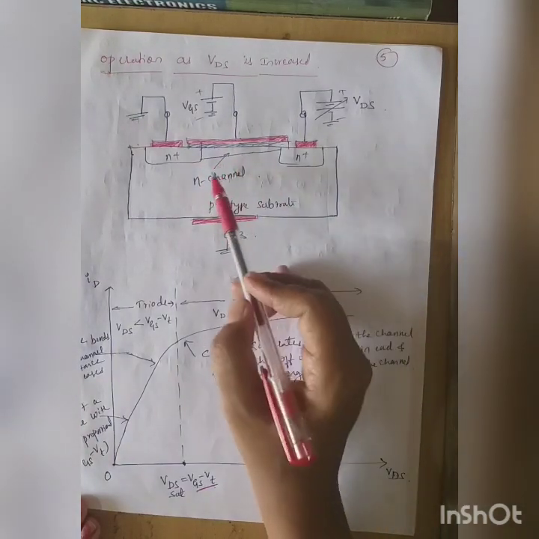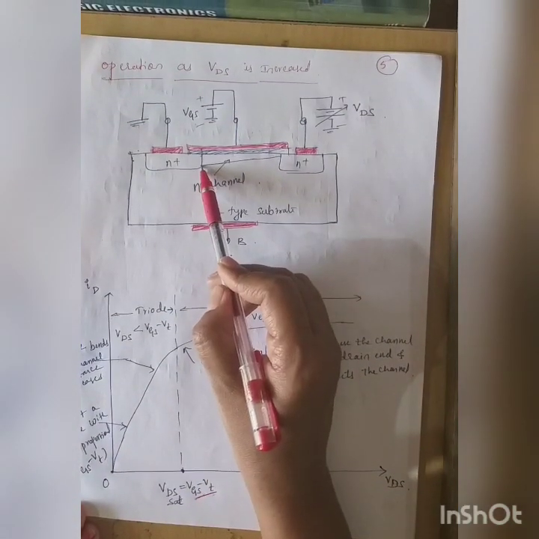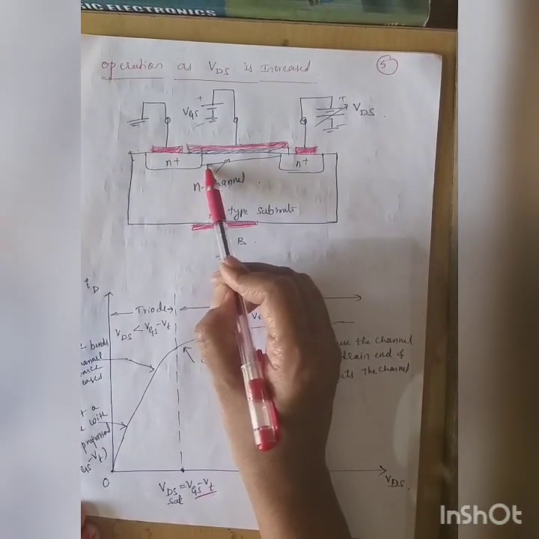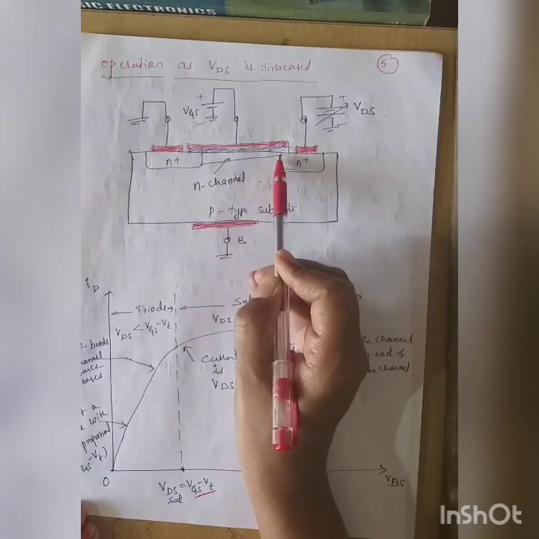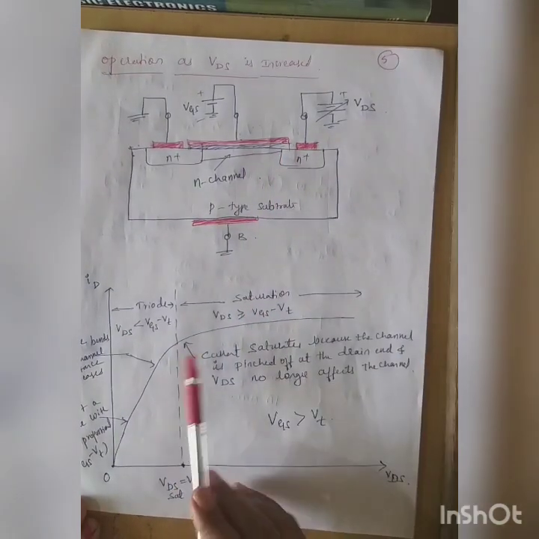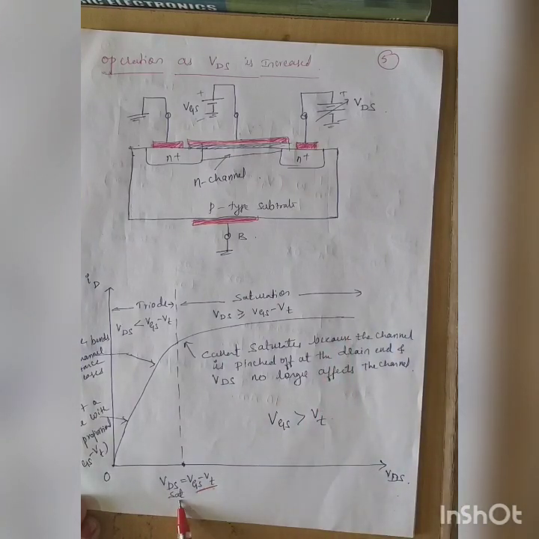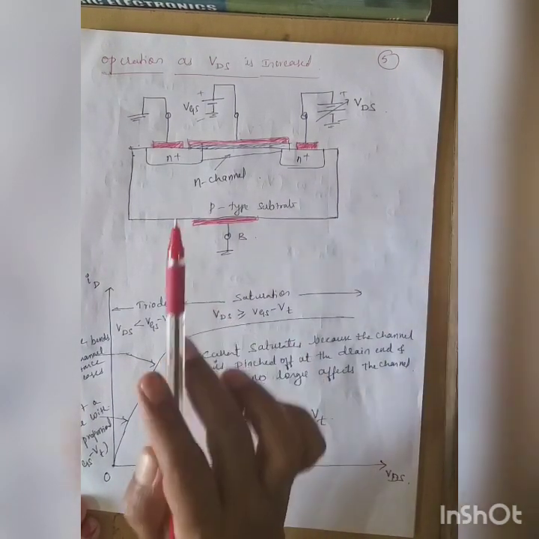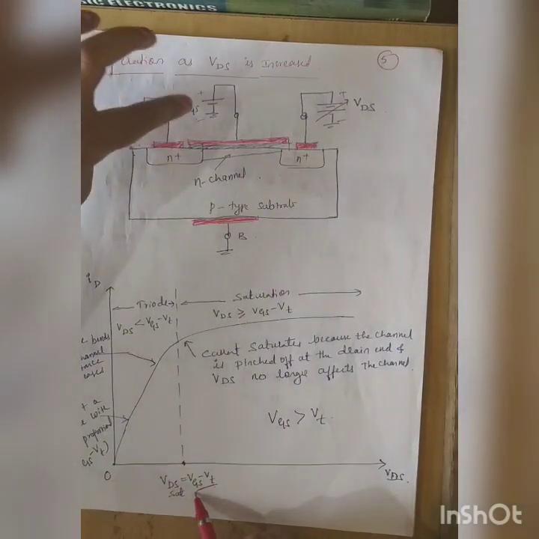Let us not go into more detail because the explanation is too lengthy. The channel gets tapered towards the drain, and that makes the ID current saturate. This VDS saturation is going to be equal to VGS minus VT. VT is a fixed value for one particular MOSFET, which depends on the manufacturing techniques. VGS is what we are applying here.